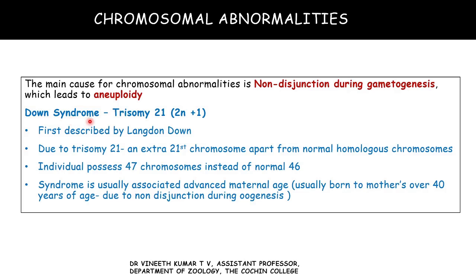A Down syndrome referred to in the usual way is due to trisomy 21, which is due to aneuploidy and not translocation. Translocation Down syndrome is specifically denoted as Robertsonian Down syndrome. We are not discussing Robertsonian Down syndrome now; we are discussing the Down syndrome which is due to non-disjunction or aneuploidy.